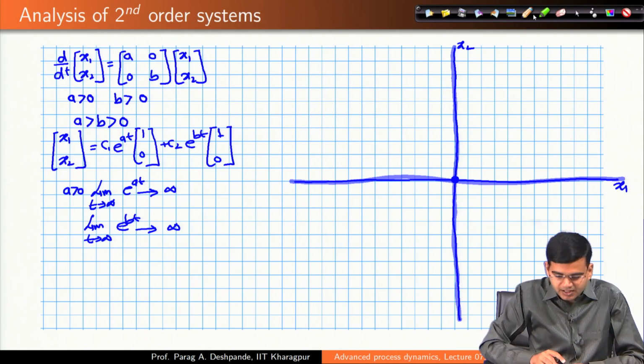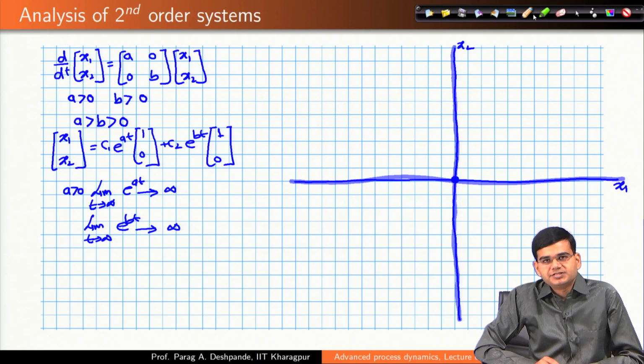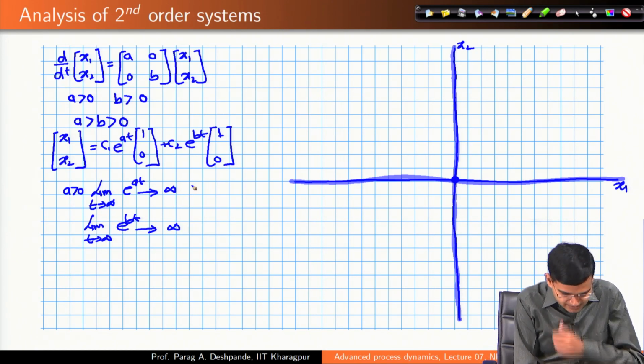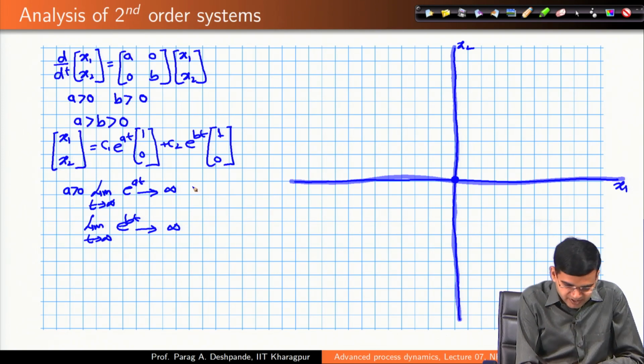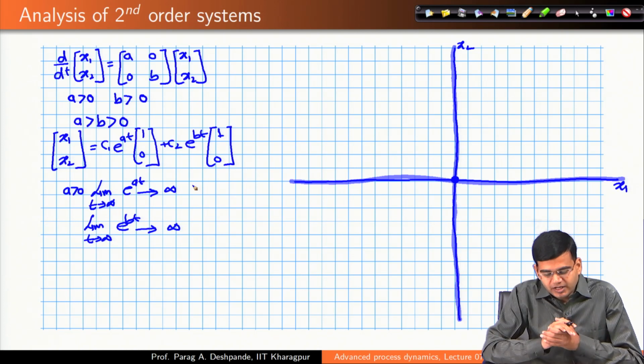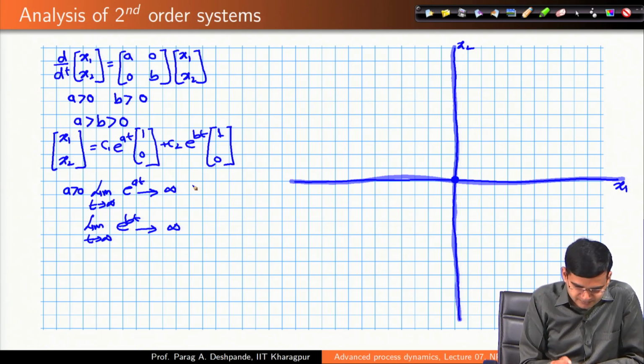How do I draw the phase lines? This is the question. The system goes to infinity, which means that the system is divergent, but how do I show this divergence? For that, I need to do one thing.